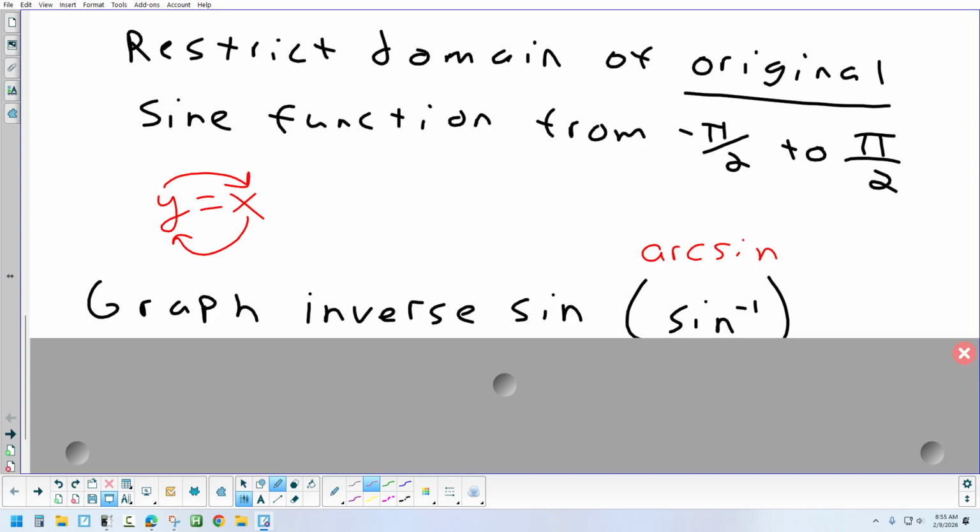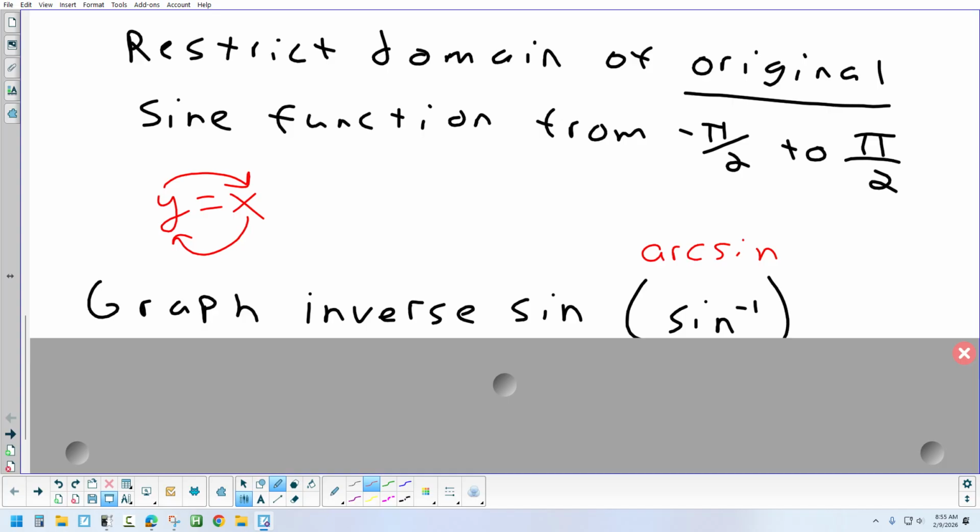When you have the domain and range of the original function, how do you think that's going to compare to the domain and range in the inverse? What do you think is going to happen? They're very much related. Could they be maybe opposite? No, they're not opposite reciprocals.